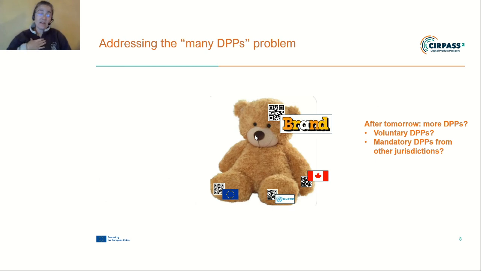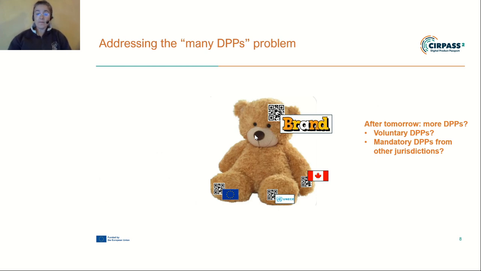And here, I am Canadian, so I chose the Canadian flag. But you can change this flag and use Turkey or Vietnam or China or whatever state that might be in the future looking to deploy mandatory DPPs for their internal markets.